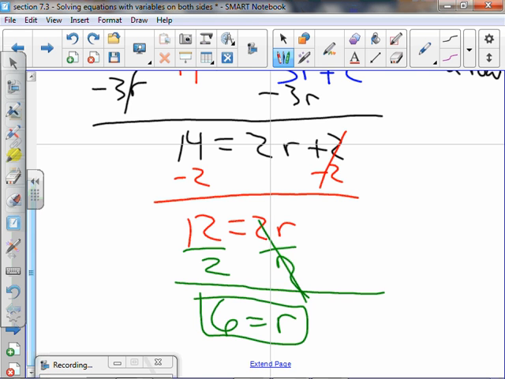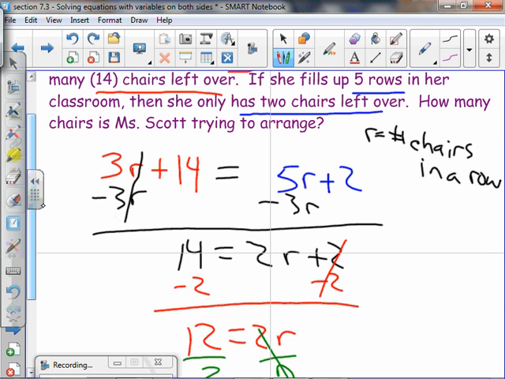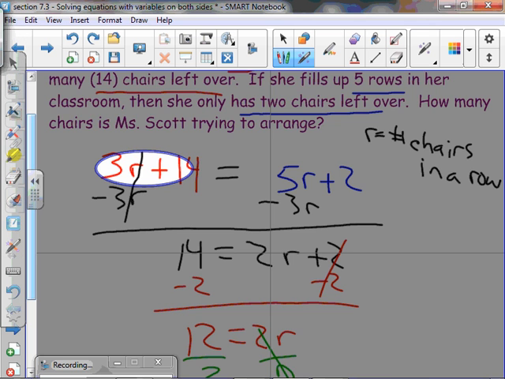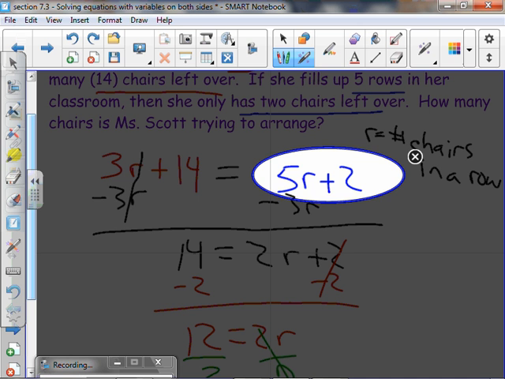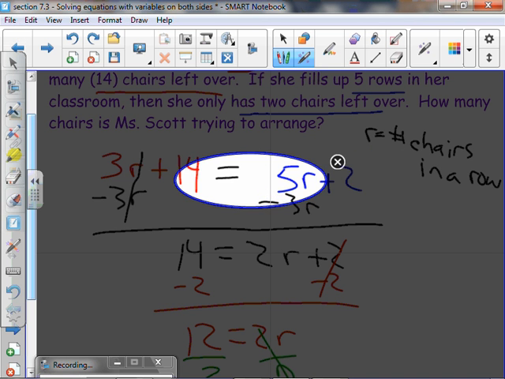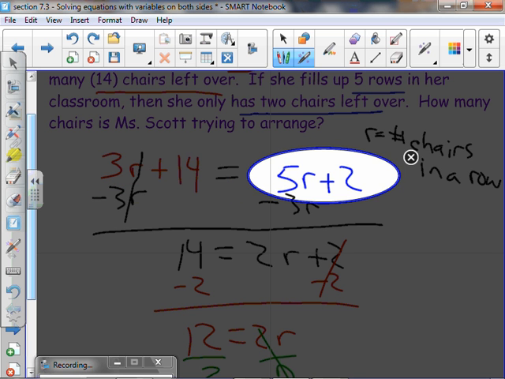To figure out how many she actually has, well, let's use one of the pieces of information we have from the beginning. That the chairs she has is either 3 rows plus 14 or 5 rows plus 2. It doesn't matter which one we use because they are equal expressions. So let's go ahead and use this one. The numbers look prettier. 5R plus 2.